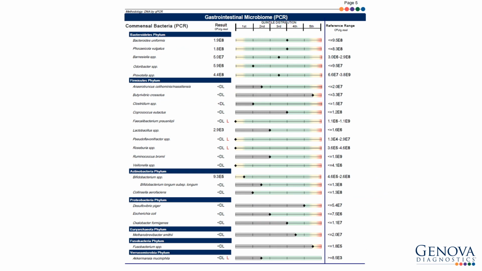On page 5, there are 24 commensal bacteria assessed by PCR technology. We've already summarized what the data means with the commensal microbiome analysis on pages 2 and 3. Remember that the patient had borderline commensal balance and relative abundance findings.